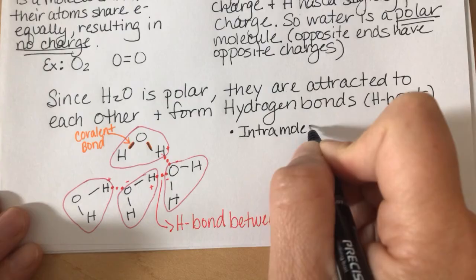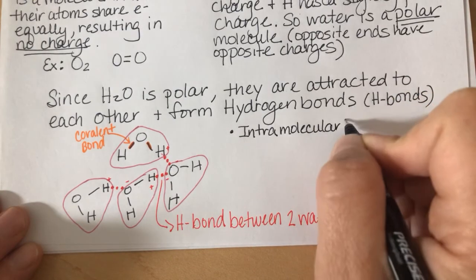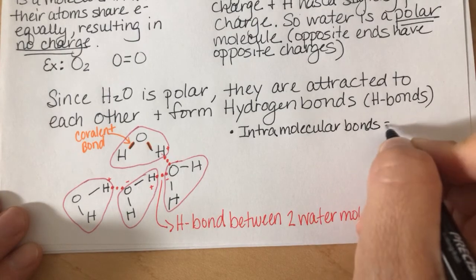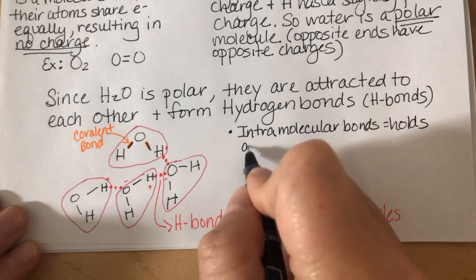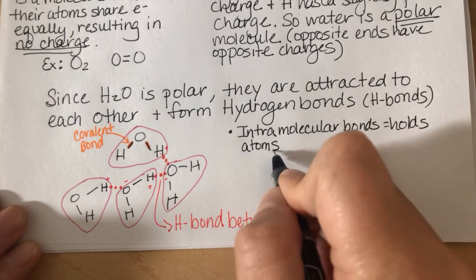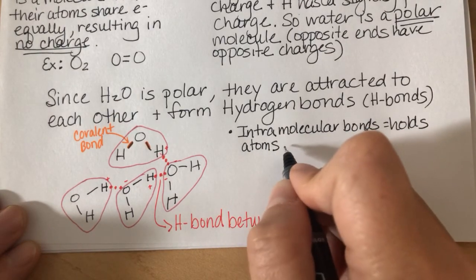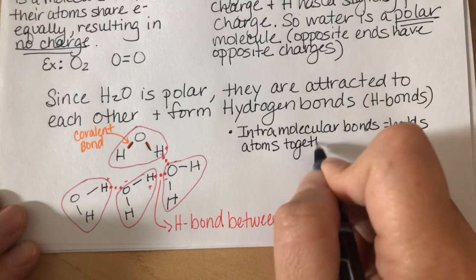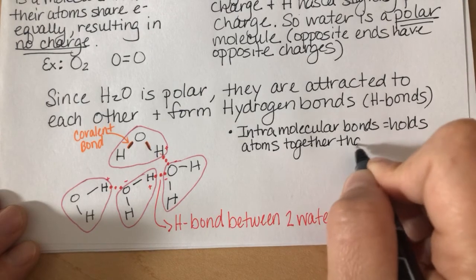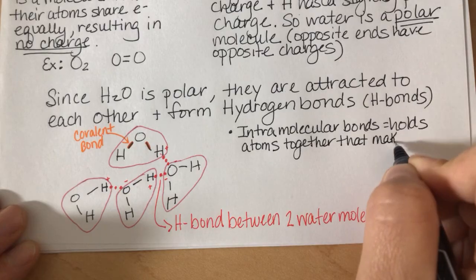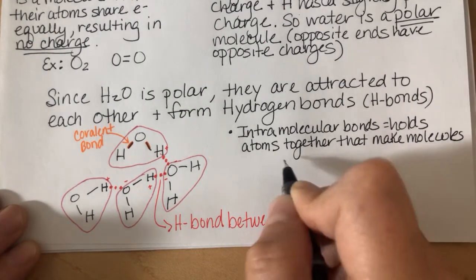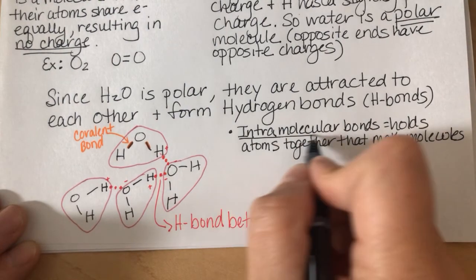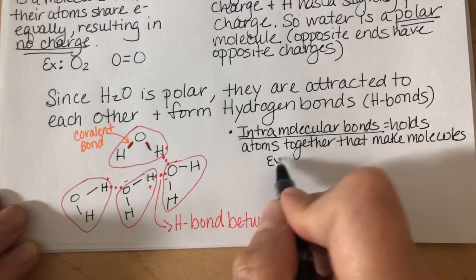Intramolecular bonds. What do they do? They hold atoms together that make molecules. So in our example here, for the intramolecular bonds, it would be the covalent bond.